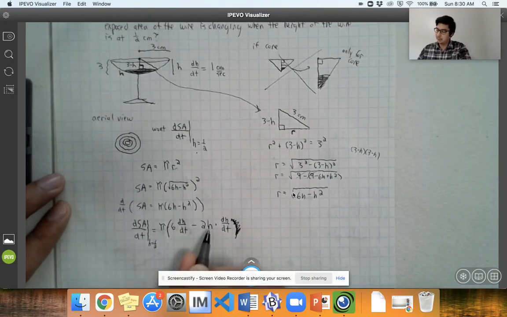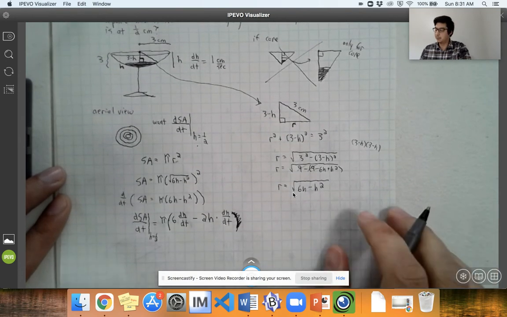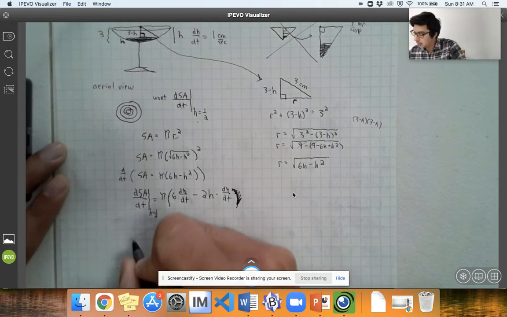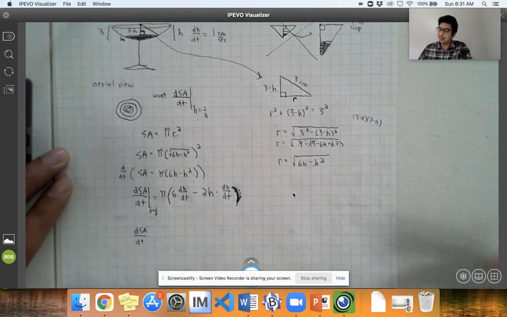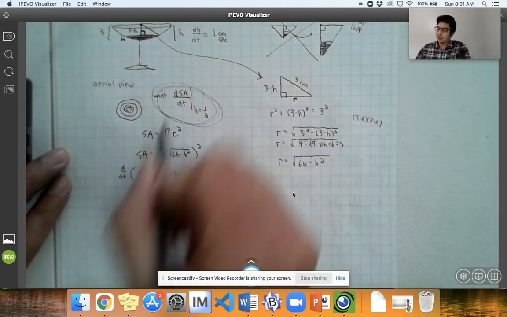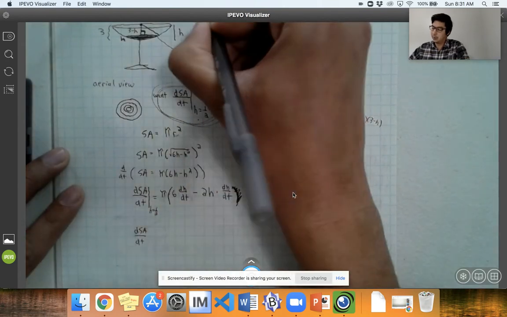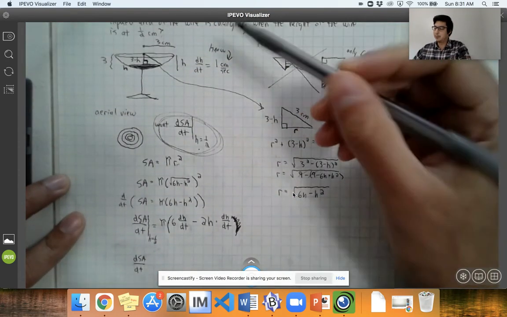So we can plug that in for h. We're solving for the surface area, how that's changing in relation to time. And we know dh/dt is 1. We know that already, sorry.